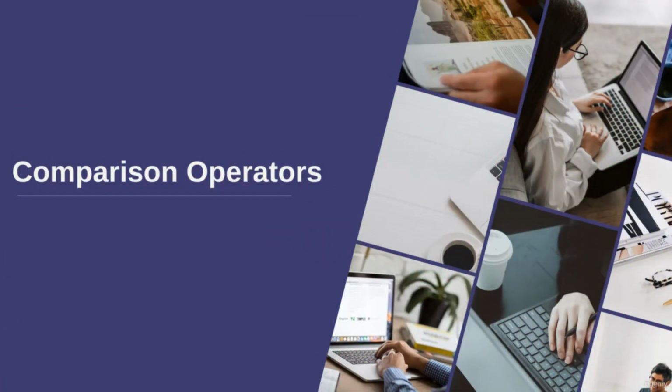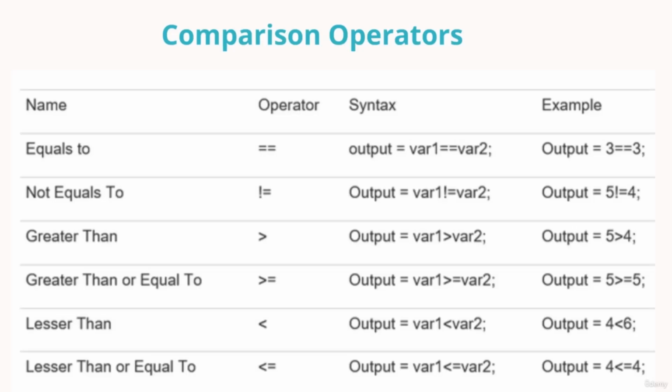Now let's have a look at the comparison operators. We have these 6 operators for comparing values, such as the double equals to. A single equals to is the assignment operator, while double equals to is the comparison operator, which compares whether two values are equal or not. If the values are equal, it will return true, otherwise false, and the very opposite is the not equals to operator.